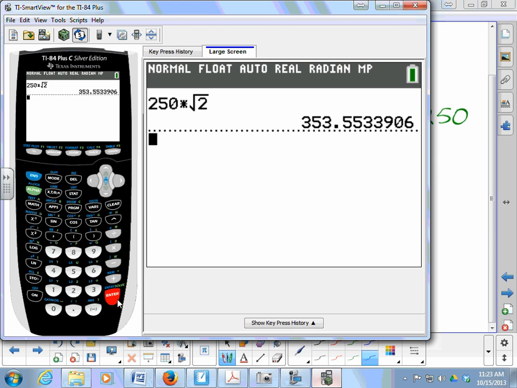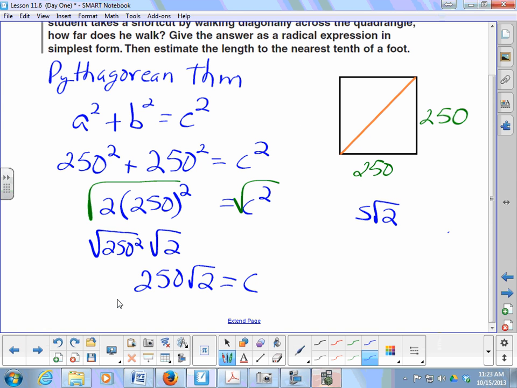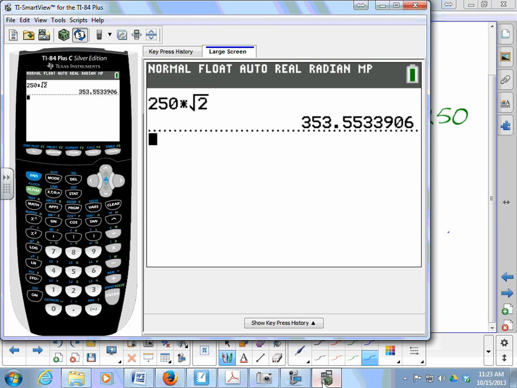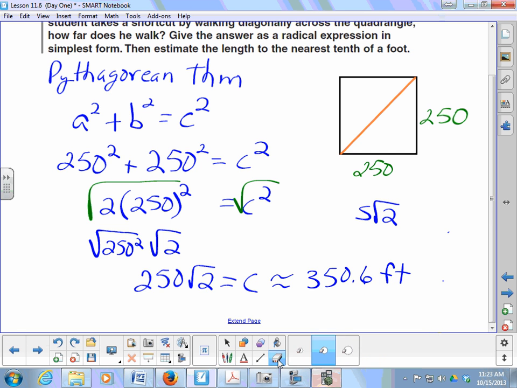So this is 353.6 feet. But the diagonal, okay, a squared plus b squared equals c squared, the Pythagorean theorem.